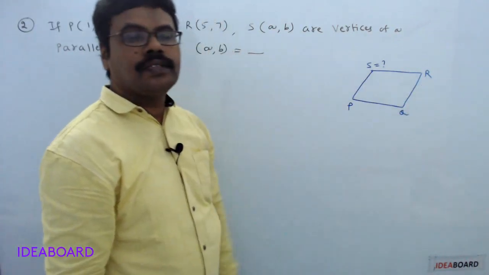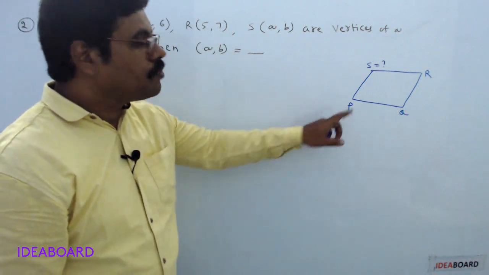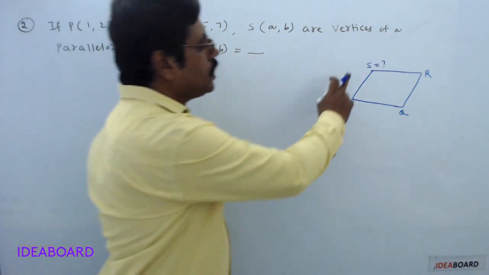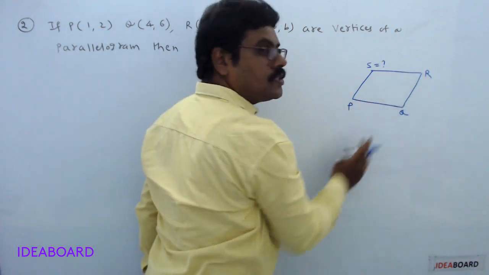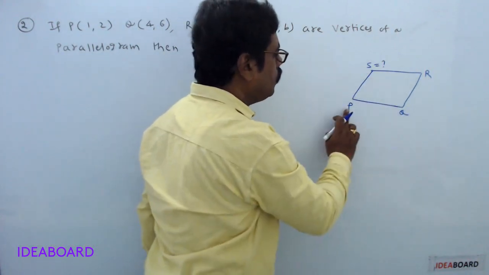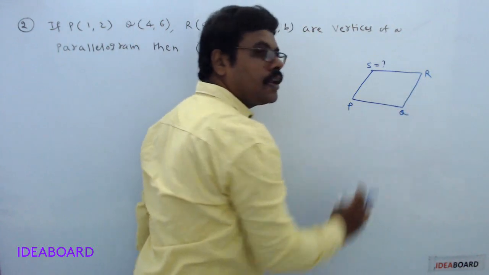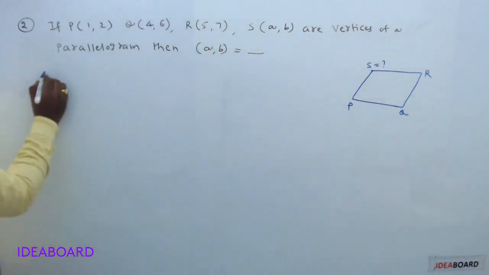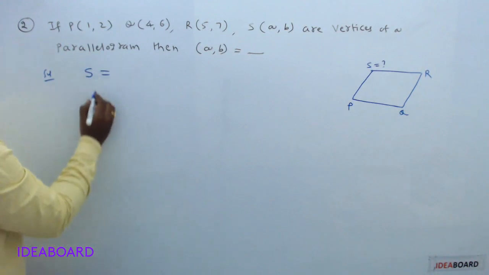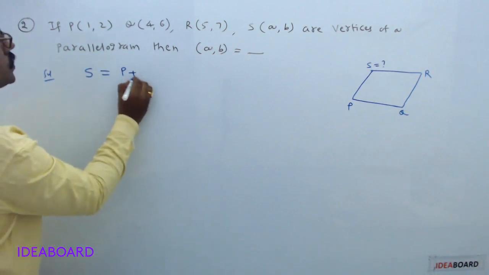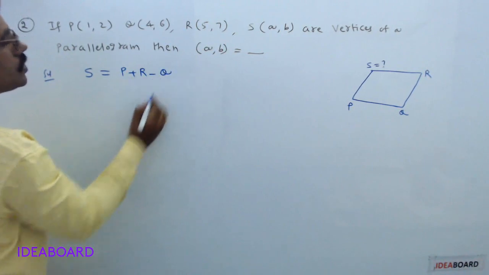We need the coordinates of S. It is a parallelogram, so S can be expressed as P plus R minus Q. So from the diagram, S equals P plus R minus Q.